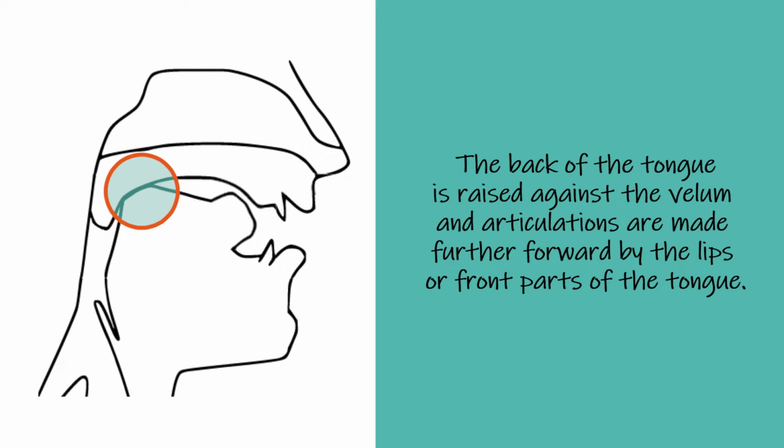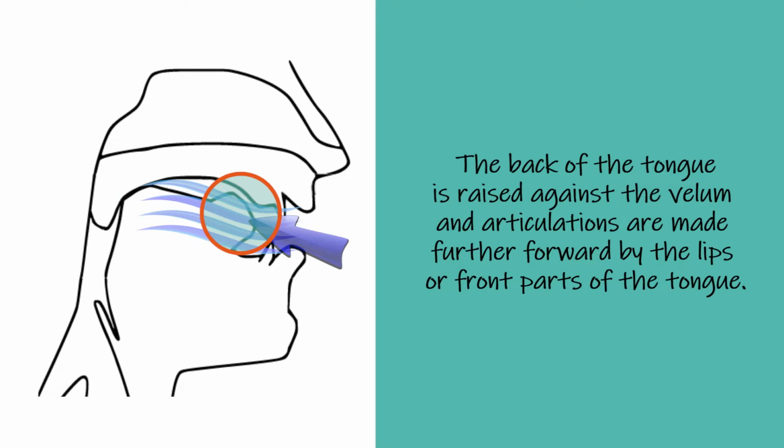The back of the tongue is raised against the velum, and articulations are made further forward by the lips or front parts of the tongue. It means that you press the back of your tongue against your velum to create some closure and generate some air, and then you use that air in a part of your mouth which is further to the front to produce a particular kind of sound. Some of these sounds are called clicks.